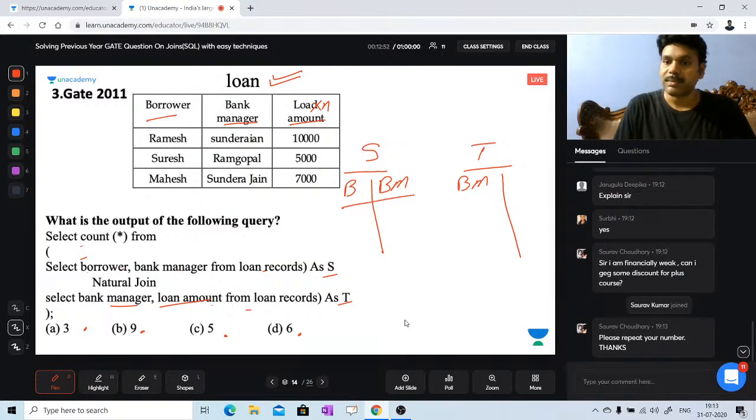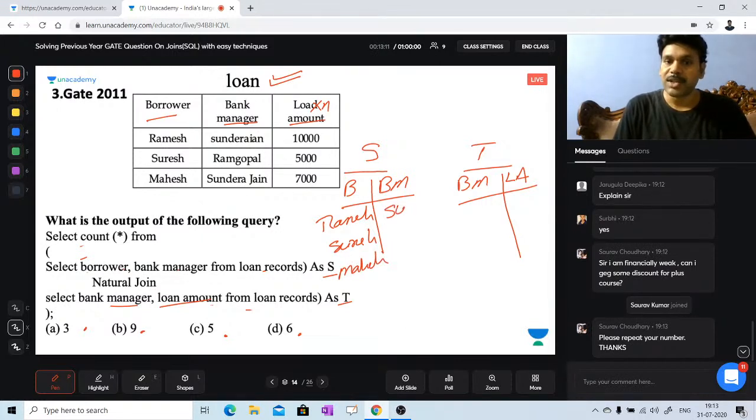Borrowers are Ramesh, Suresh, and Mahesh. Please observe how to analyze this answer.